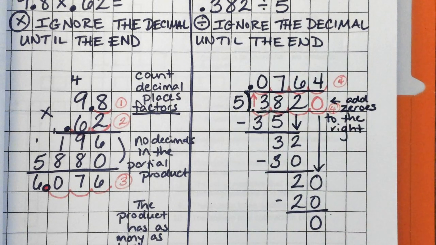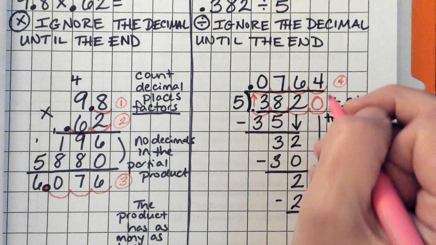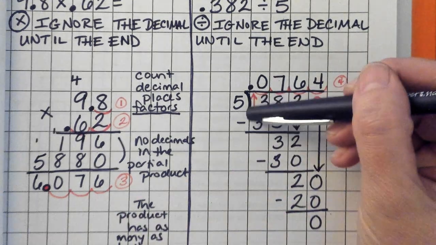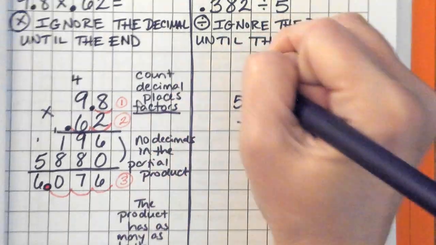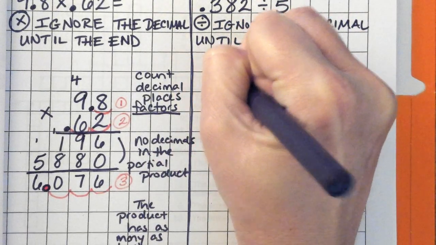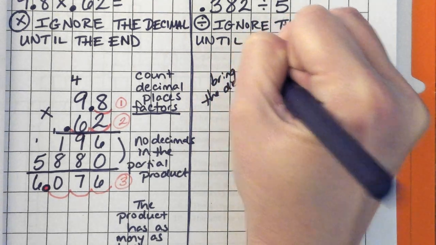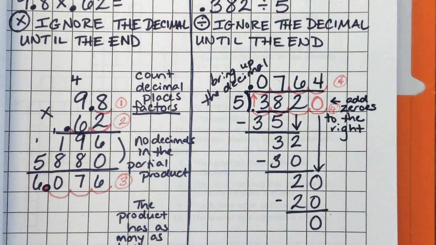So you actually wind up counting the decimal places over when you're doing division as well. Only because of the way you set it up, all you really have to do is bring up the decimal. And that's assuming that there's no decimal in your divisor, but for right now you're not worried about that.